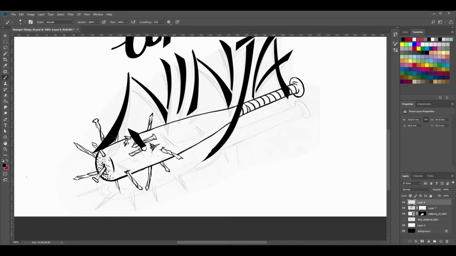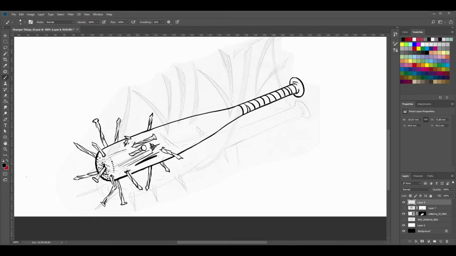Start adding details every now and then, always trying to go from the biggest parts to the tiniest. This bat was cut along the grain of the wood, therefore the long texture strokes will follow its shape. It is now when the photos become really useful.